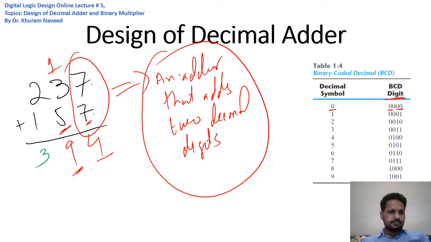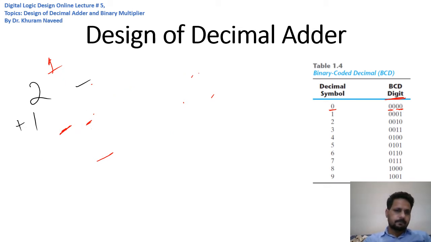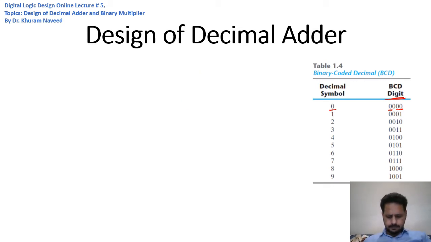So if we are adding these two numbers, I'm taking a simple example to begin with, and then I will discuss a complex example in the subsequent part of this lecture for more clarity on this.